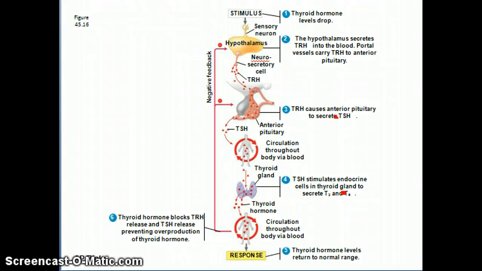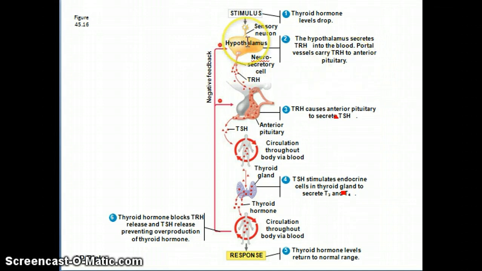So we get a stimulus, which is a sensory neuron noticing that there's a thyroid hormone drop in terms of levels in the bloodstream. That acts as a stimulus to the hypothalamus, which then will secrete TRH into the blood, which will go to the pituitary gland.